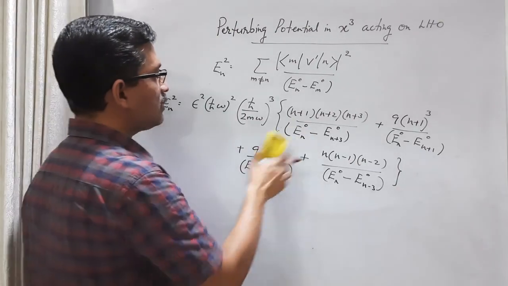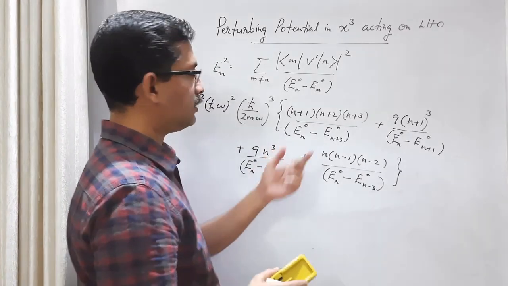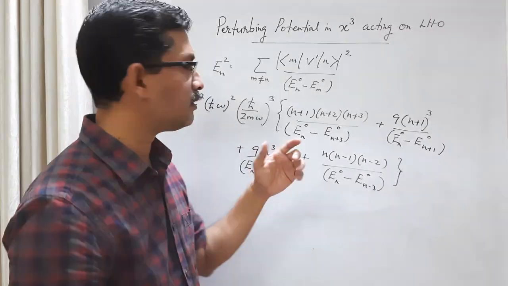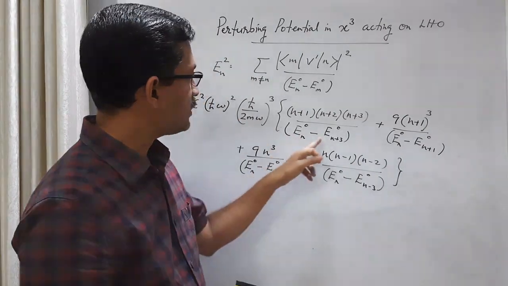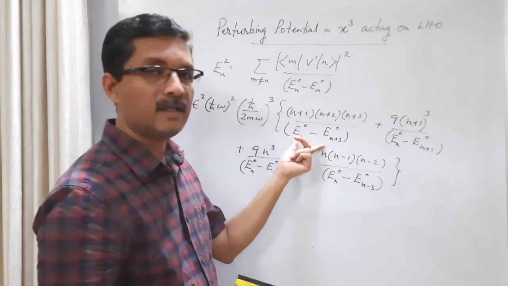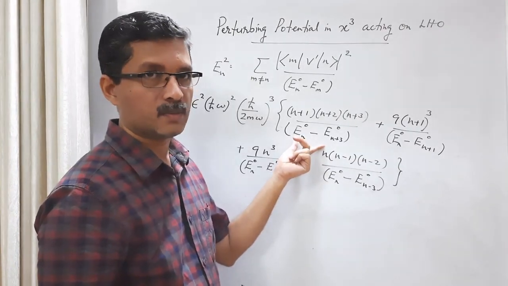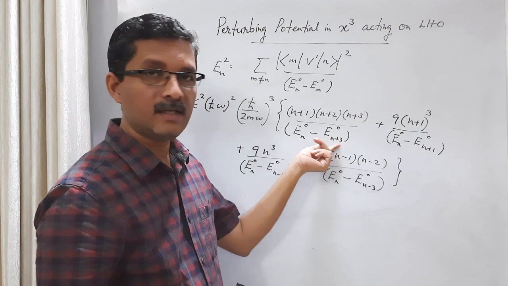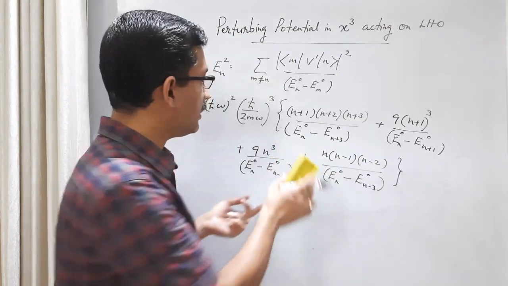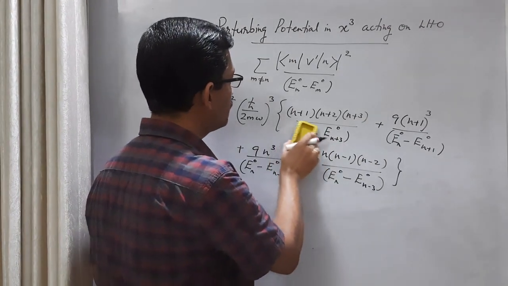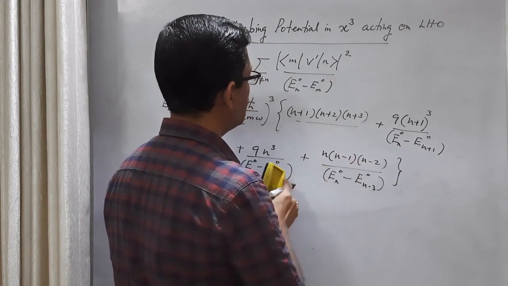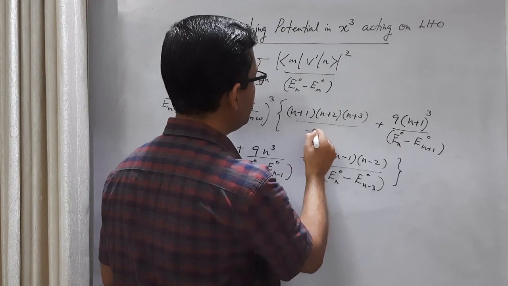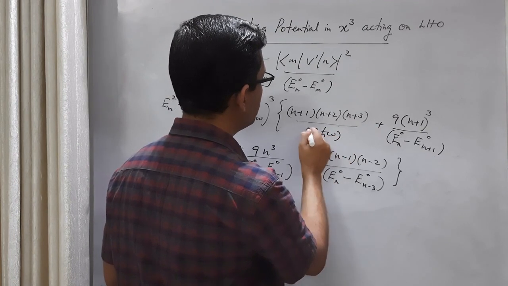Okay, so what are these energy differences? We know that in the unperturbed harmonic oscillator, the separation between adjacent levels is h cross omega. So the separation between En and En plus 3 should be 3h cross omega, but En plus 3 is greater than En, so what you get here is minus 3h cross omega.